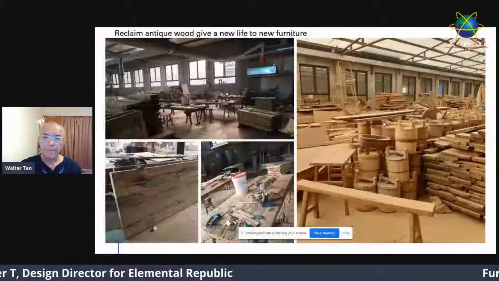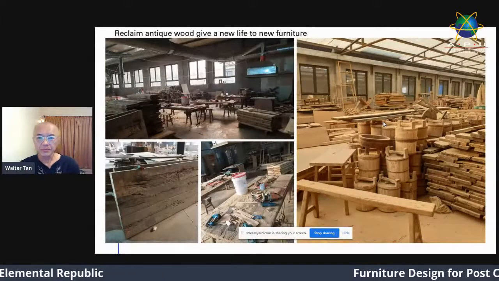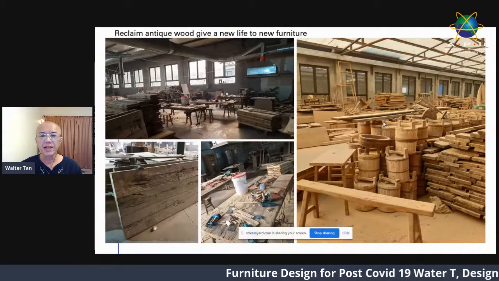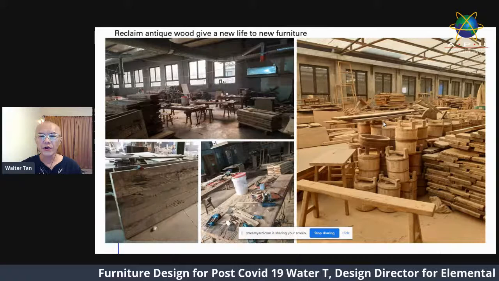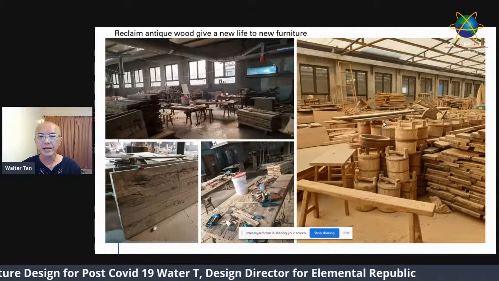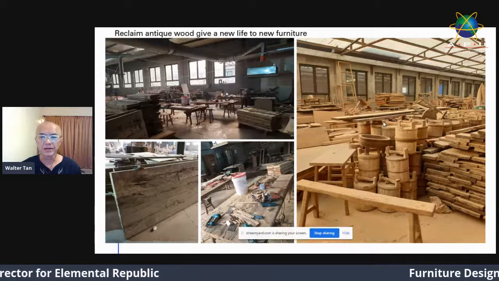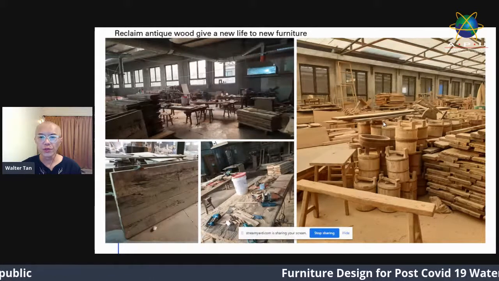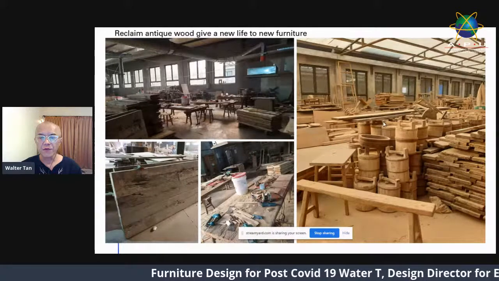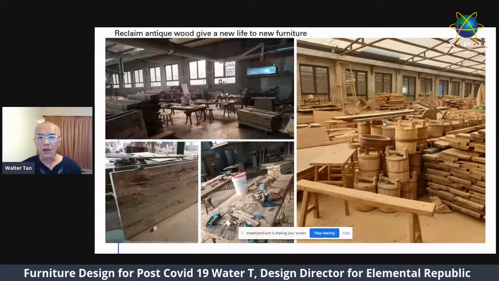Yeah, and as I mentioned, my friend's factory is in a quite northern part of China. Okay, in Pingzhou in Shandong province. Okay, see all those old woods. They collect them from the people that throw away old houses.